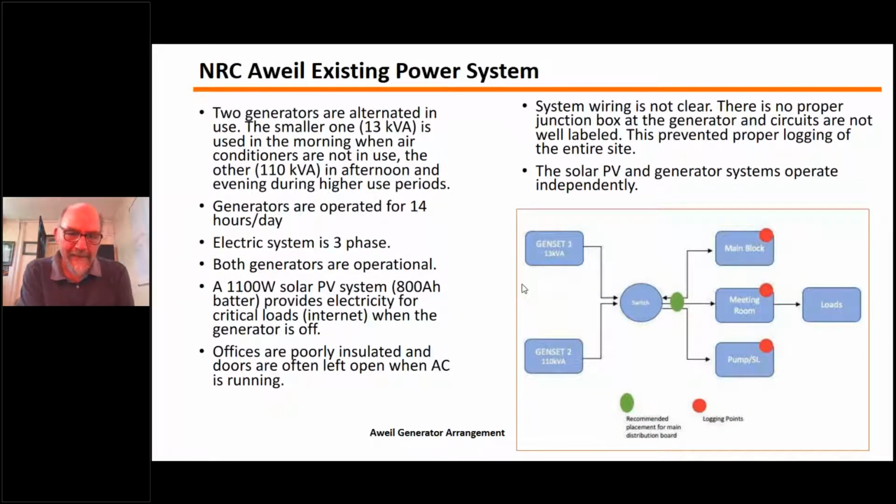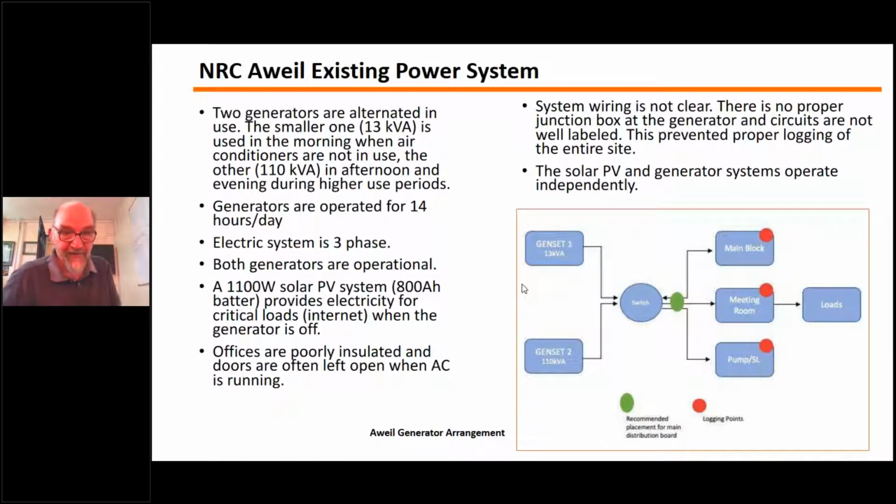So we looked at their power system that they were using at the time. They used 2 generators, a 13 kVA system, small one for when the air conditioners weren't on, and a 110 kVA system when the air conditioners were on. So they operate the generators during business hours, 14 hours a day. Electricity is 3-phase. Both generators were working.